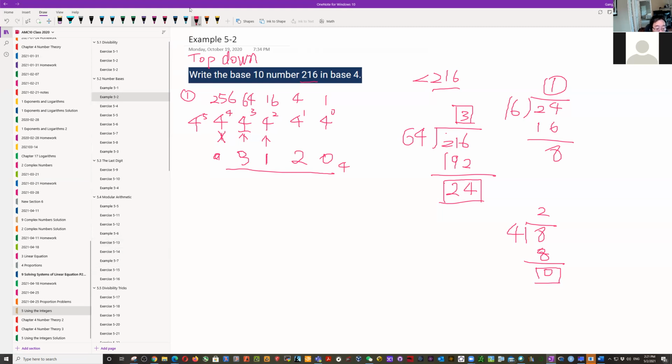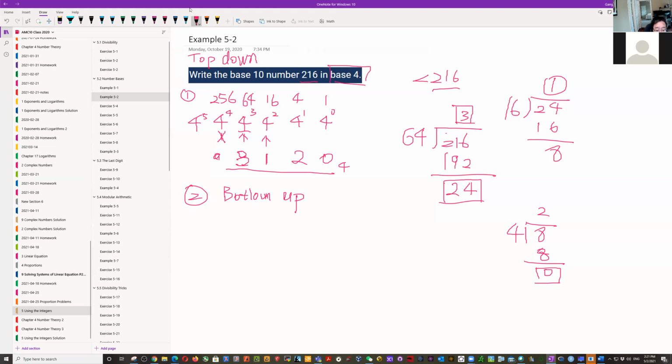This is the first method, called top down. The second method is bottom up. The bottom up method is quicker and even more convenient. Basically, the bottom up method is to repeatedly divide by 4, since the base is 4.